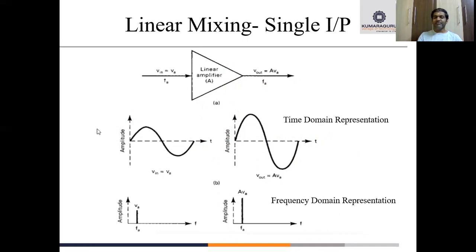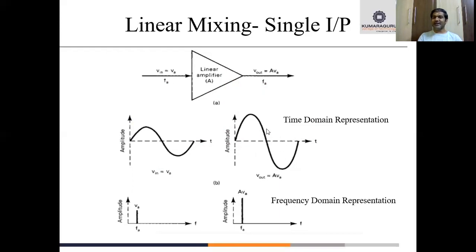My input signal is a sinusoidal signal with a definite frequency FA, and the peak amplitude is Vin. The frequency of this sinusoidal signal is FA. This is at your input side.